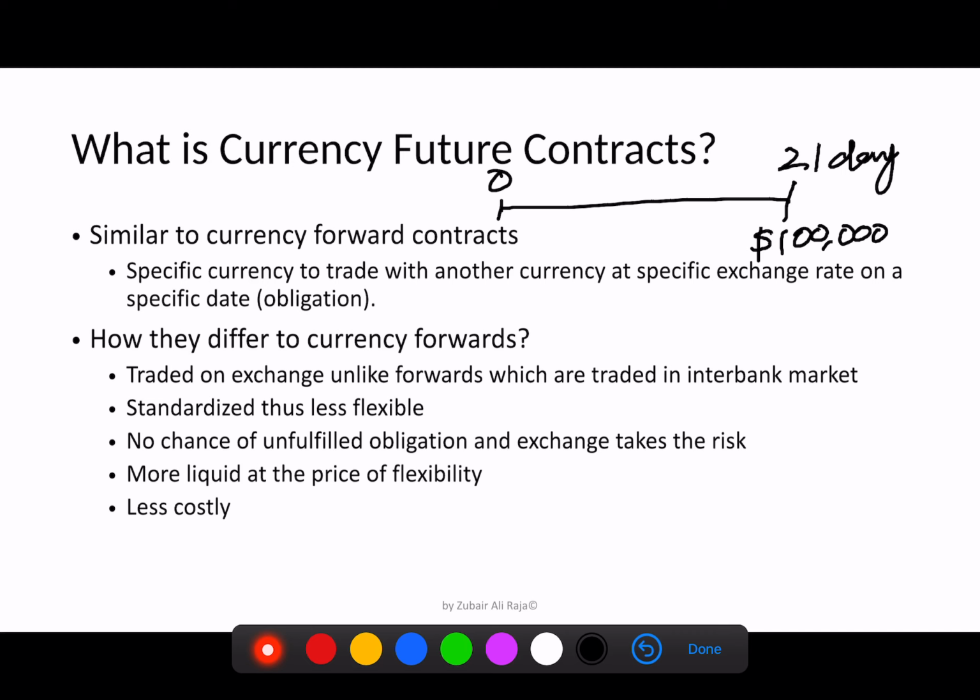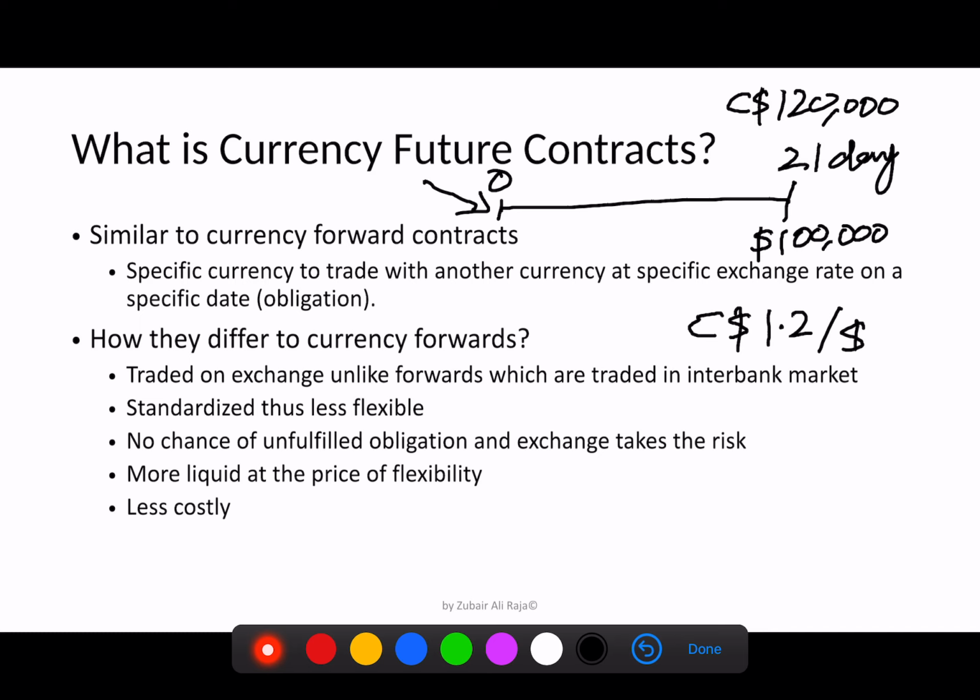If the future contract says that against each US dollar, so the US dollar is the base currency and the Canadian dollar is the price currency, and the price is 1.2 units for each unit of the base currency, which is the US dollar, it means that if you enter into such a contract at this rate today, then after 21 days you will be paying 100,000 US dollars, and in exchange you will be receiving 120,000 Canadian dollars, right? So simply 1.2 times 100,000, and you will be receiving this.